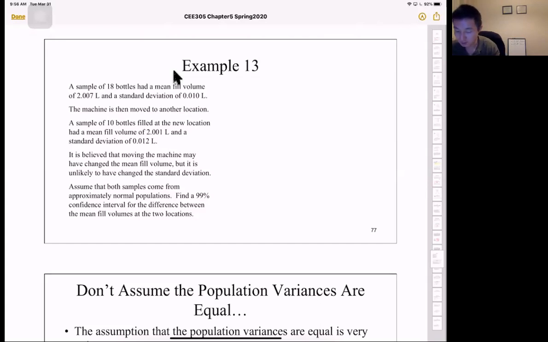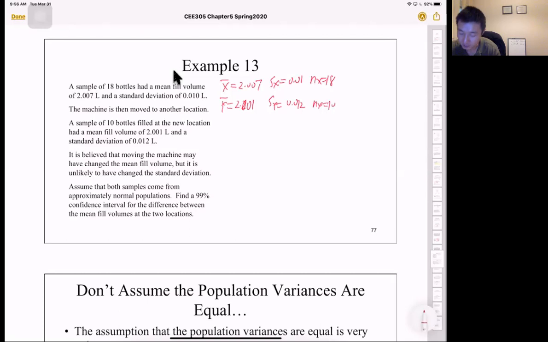All right, so let's do it together. Again, the sample mean for x is 2.007, sample standard deviation 0.01, sample size 18. For y, the mean value is 2.001, then the sample standard deviation for y and the sample size for y.